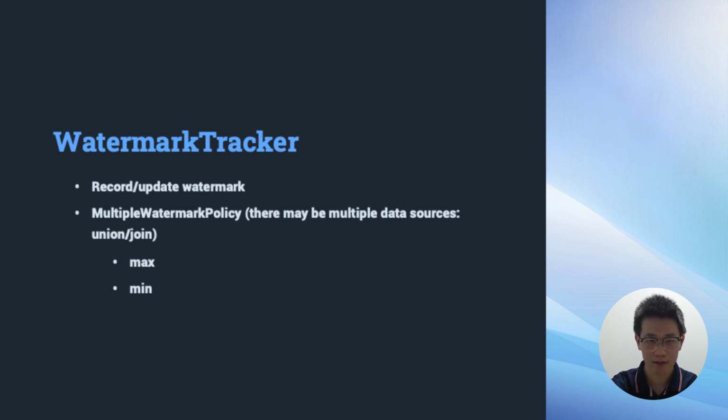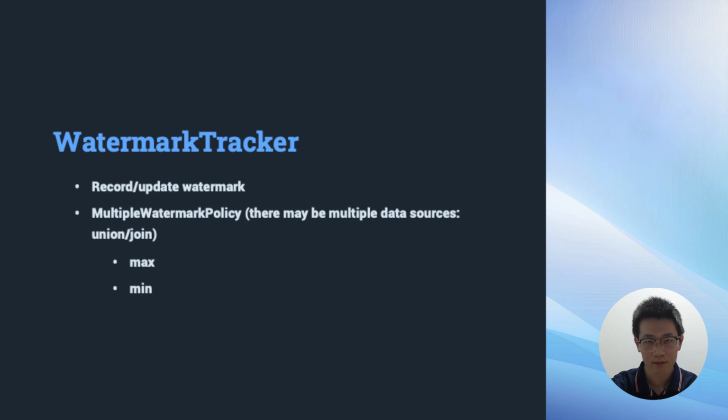We can see that event time is crucial in stream processing. Event time needs to be tracked or recorded after each batch processing is completed. There will be a watermark tracker responsible for keeping track of and updating the watermark. In structured streaming, there's a strategy for watermark.